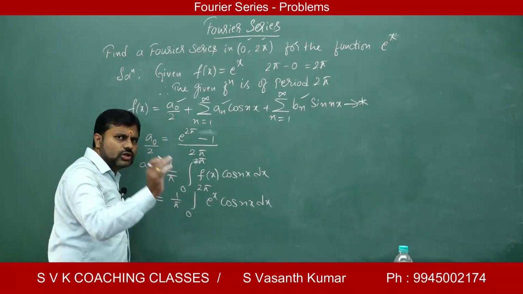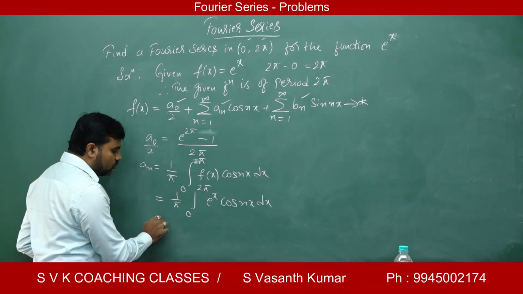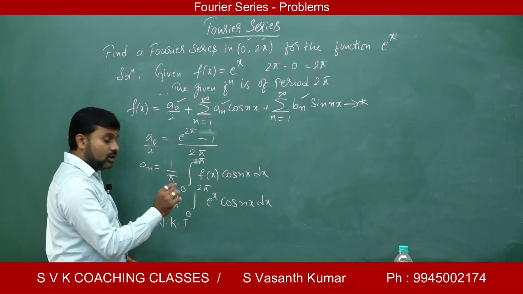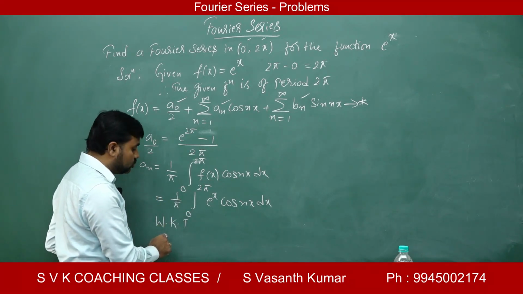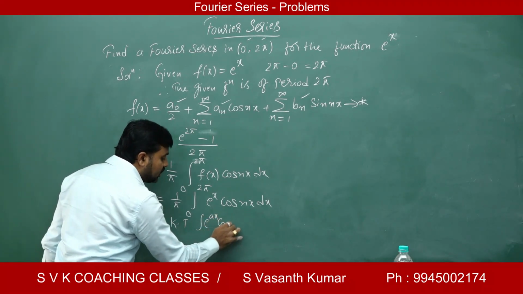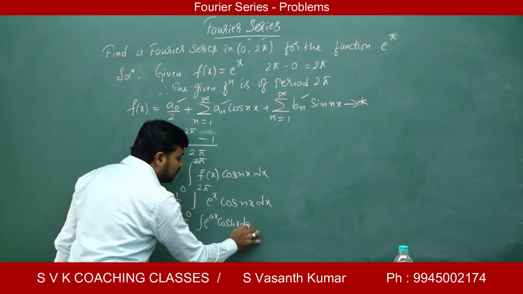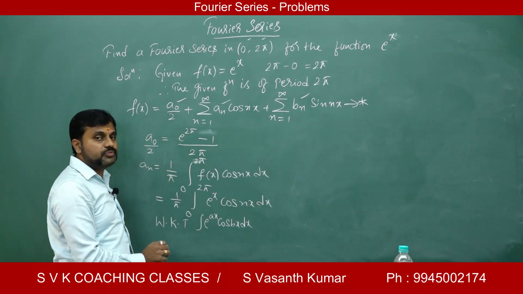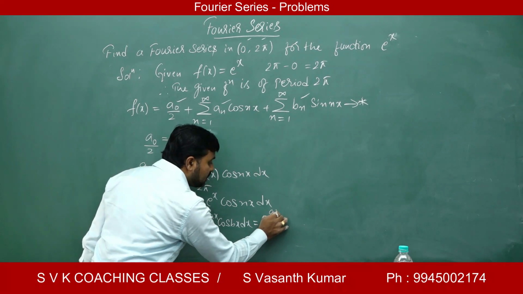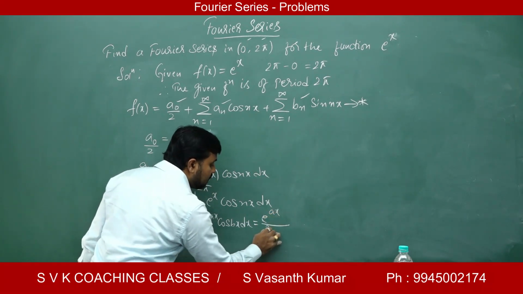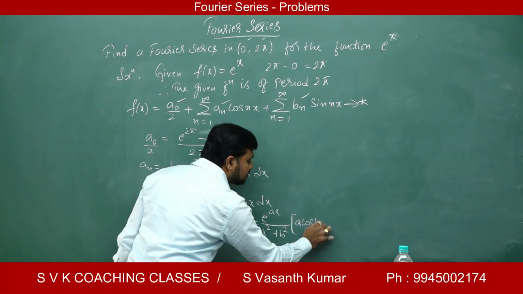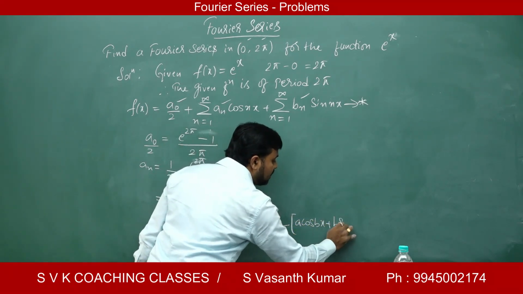You know very well of that formula, as it was one of the important problems in plus 2. The integral of e power ax cos bx dx is given by e power ax divided by a square plus b square into a cos bx plus b sin bx.